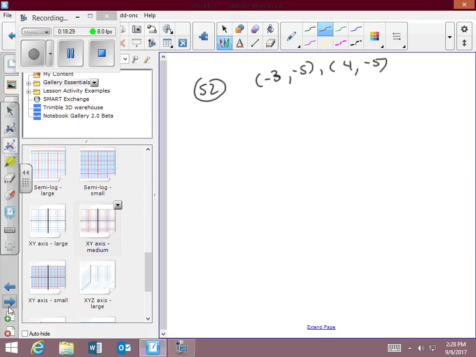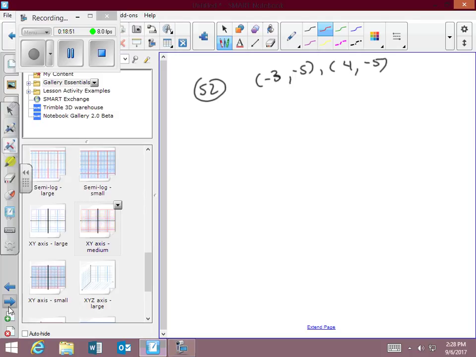What do you notice about this particular pair of points? The y's are the same. Now, from what we have talked about, what do you think this line is? When the y's are the same, what kind of line has to be?